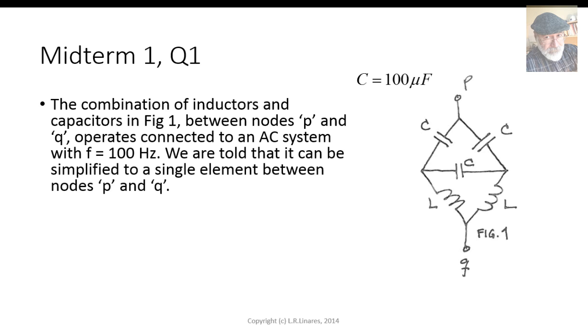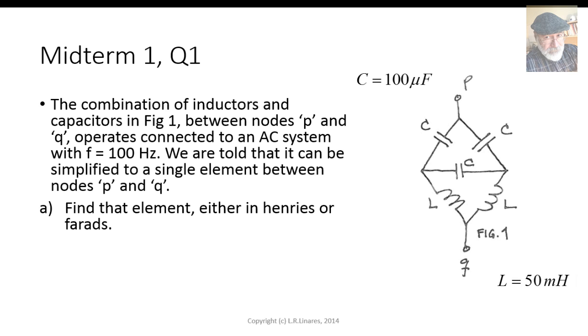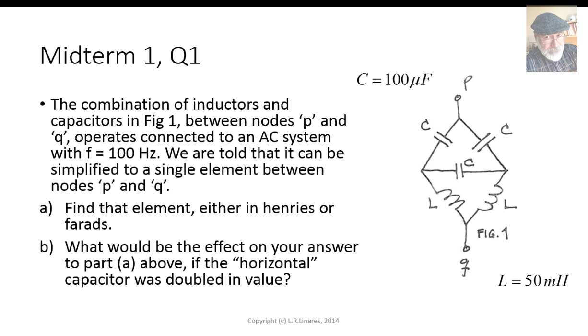The capacitance values are 100 microfarads, all of them, and both inductors are 50 millihenries. The question is, find the element. Find the simplified inductor or the simplified capacitor, either in henries if it's an inductor or in farads if it's a capacitor. B. What would be the effect on your answer to part A above if the horizontal capacitor was doubled in value?